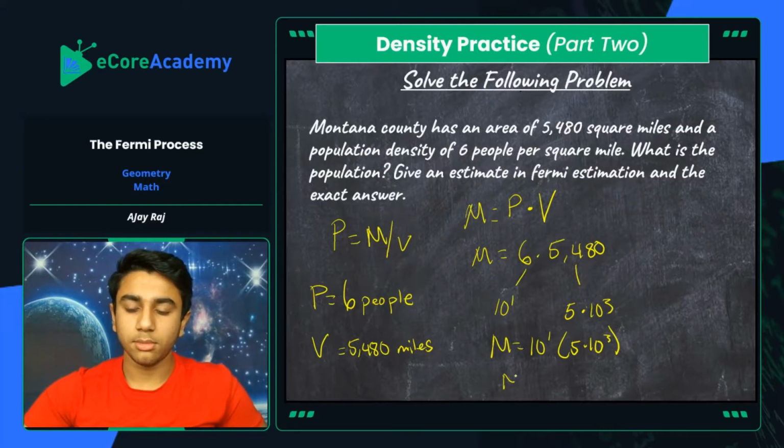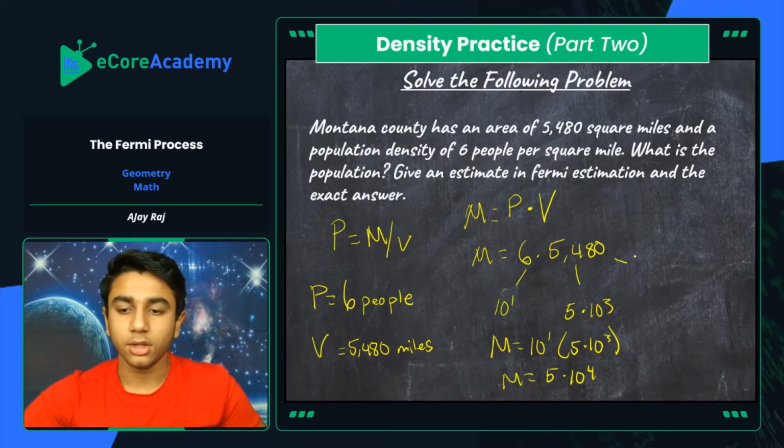That's going to be M equals 5 times 10 to the fourth, approximately. That's our approximated value in this case. But we do know that it is fairly close. That's about 50,000 people here. But the exact value is a little bit over 30,000. It's in between 30,000 and 50,000 as our estimation.